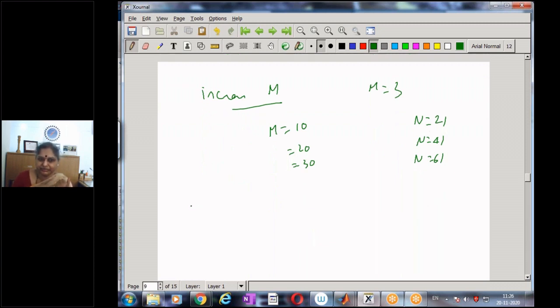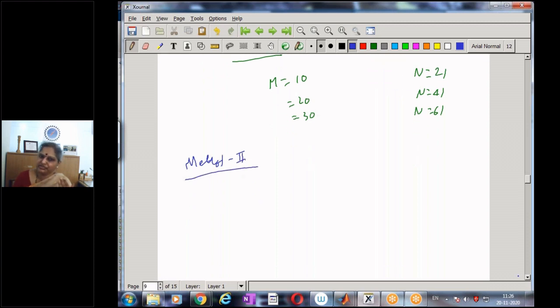Of course, this is one method of computing. Another simpler method to compute the frequency response, Method 2. The first method was to define omega and then implement H of omega. The second method is, we have the impulse response of the designed filter as 0.075, 0.159, 0.22, 0.25, 0.22, 0.159, 0.075.